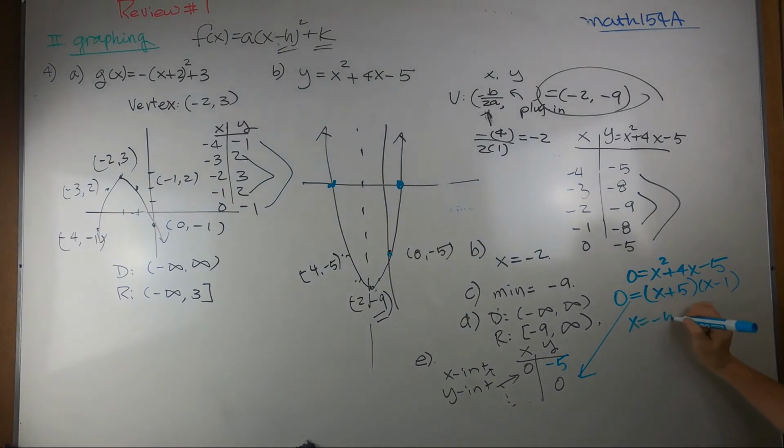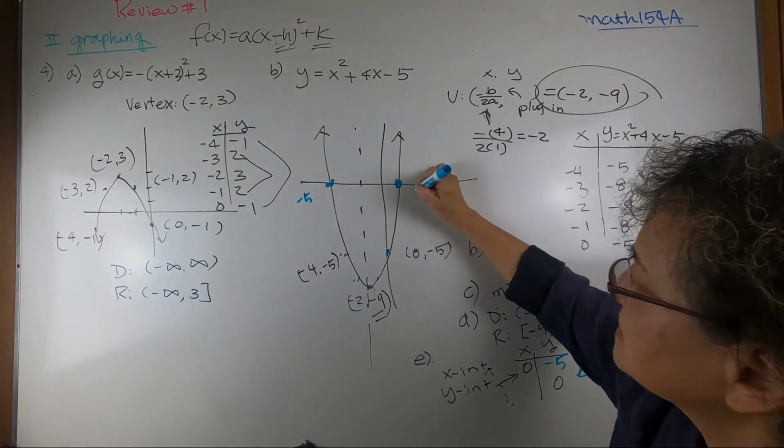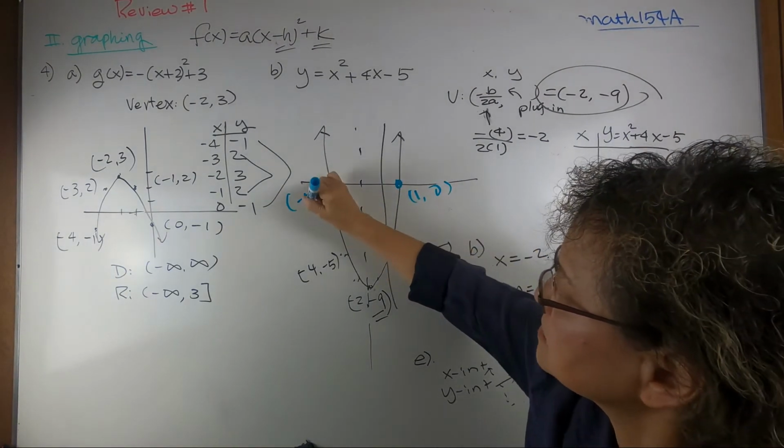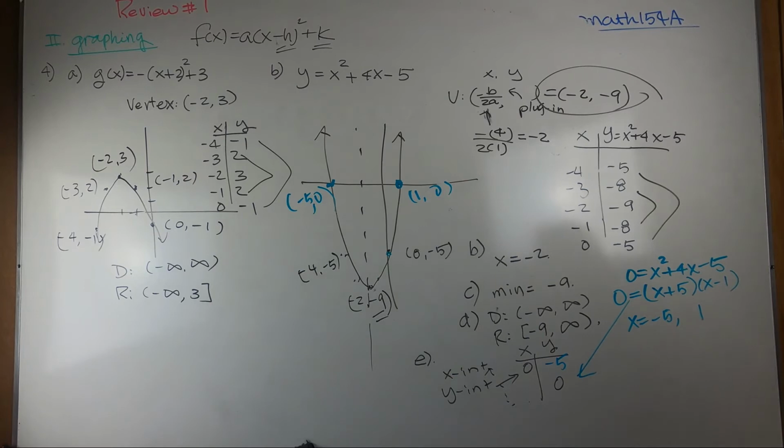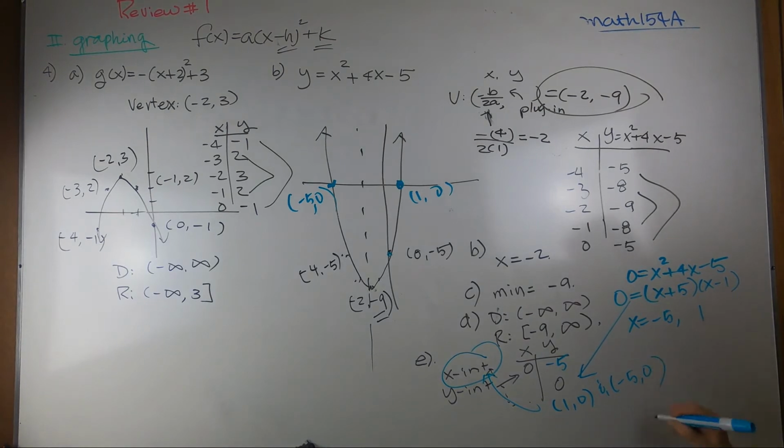So x is what? -5 or 1. See, here is -5, here is 1. But you have to answer the questions with the ordered pairs. So your x-intercept would be what? 1, 0, and -5, 0. Right?